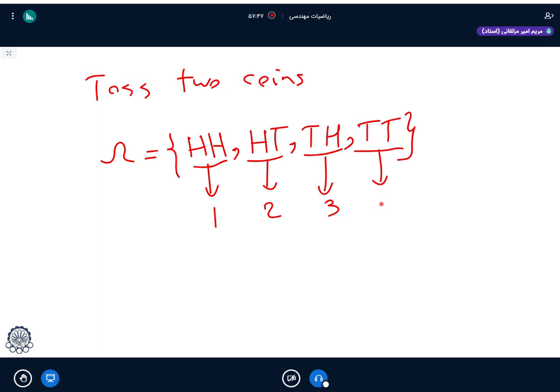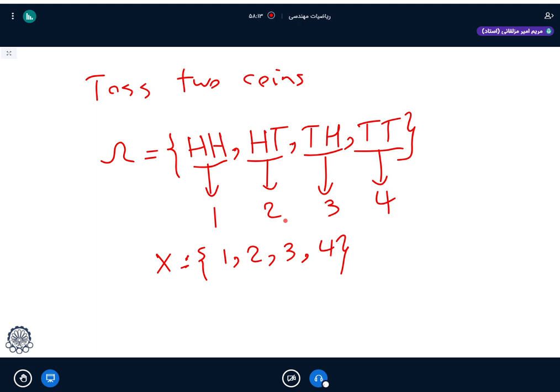We assign 3 to TH, and we assign 4 to TT. Now we have a random variable that takes the values 1, 2, 3, and 4. x is a random variable.